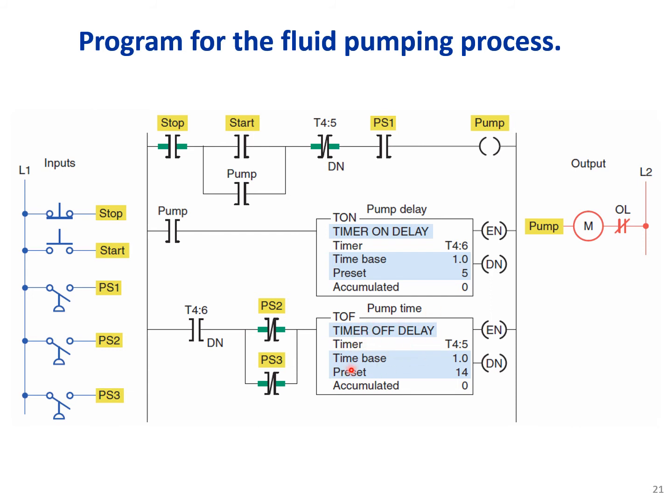So for 15 seconds the down bit will be on. When the down bit is on, since we are using a negated contact here, we'll have discontinuity in the logic of the rung and the pump will shut off.